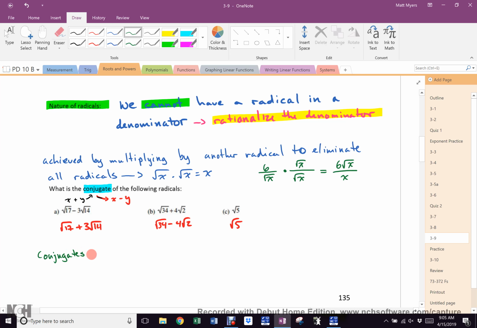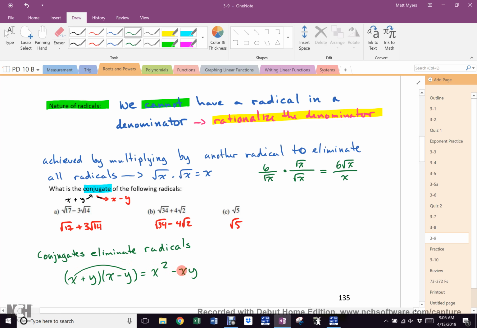Conjugates eliminate radicals. And here is why it works. If I do x plus y times x minus y, what do I get? X times x is what? X squared. What's x times negative y?